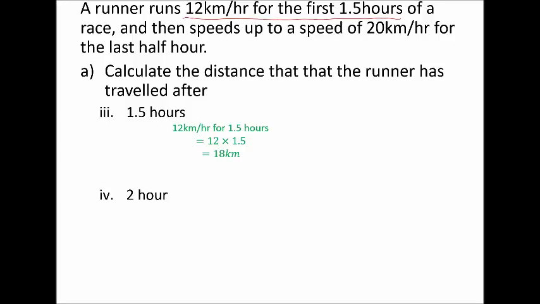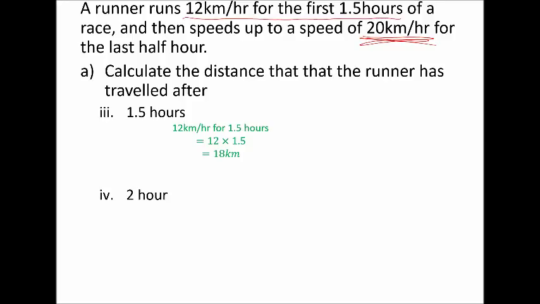How far has the runner gone after 2 hours? Now, we can't just do 12 kilometers an hour for 2 hours, because she's only going at that speed for an hour and a half. After that, she speeds up for the final half hour. So for an hour and a half, she's still going 12 kilometers per hour.